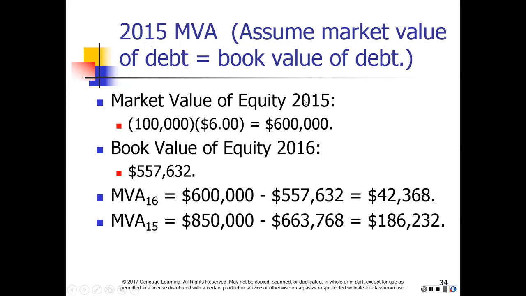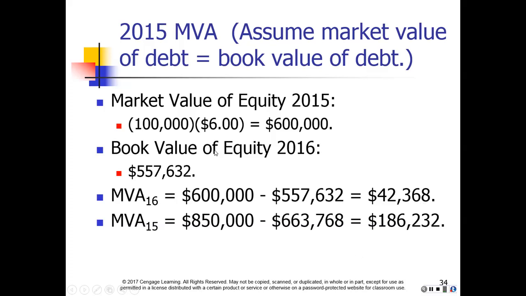Once again, this should say the market value of equity in 2015 is wrong. It should be 2016 here. So the market value of equity in 2016 is 600,000 and book value is 557,632. We subtract those and we get 42,368 as the market value added.